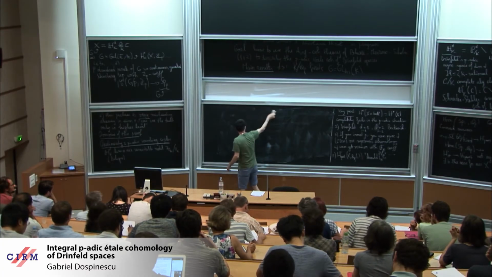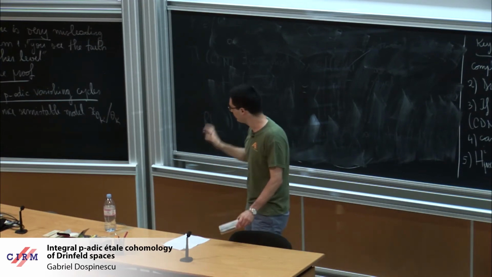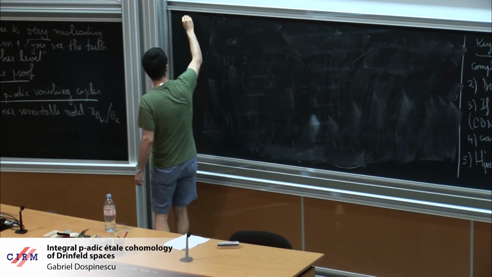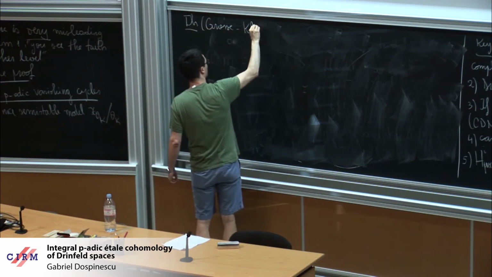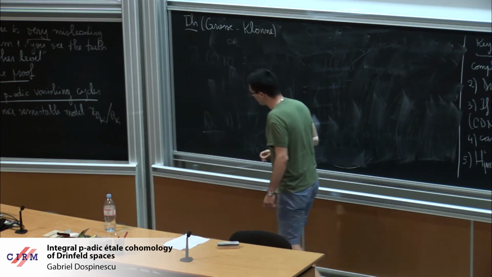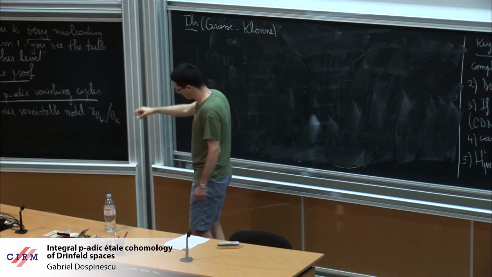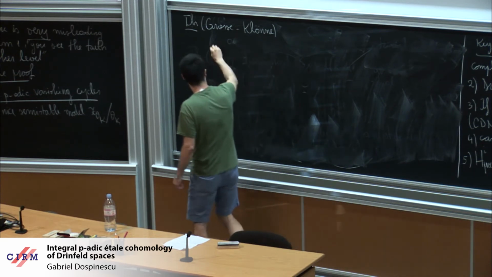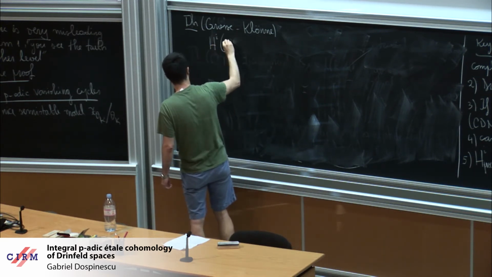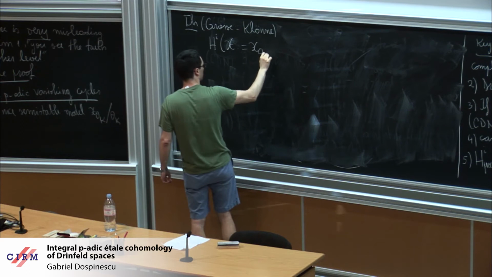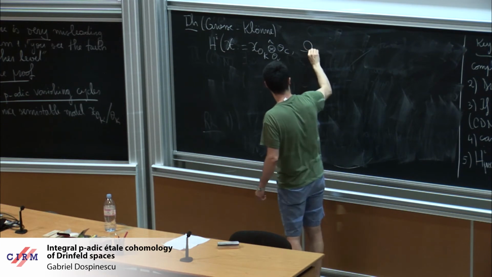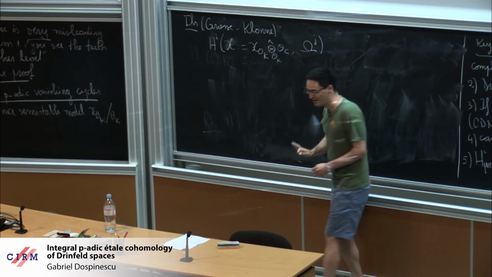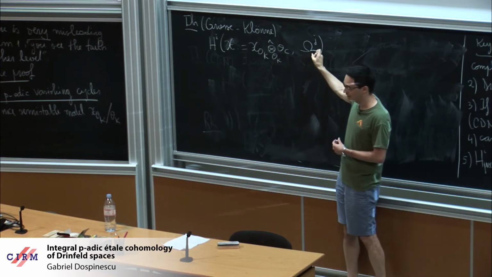So let me state a very beautiful result of Grosse-Klönne, which is really at the heart of our proof. It's an acyclicity result for the sheaves of logarithmic differentials on these spaces. So it says that if you take H^i of, well, say X, which by definition is the base change to O_C, and you take Ω^j, so as a convention, Ω^j is not the classical differentials.